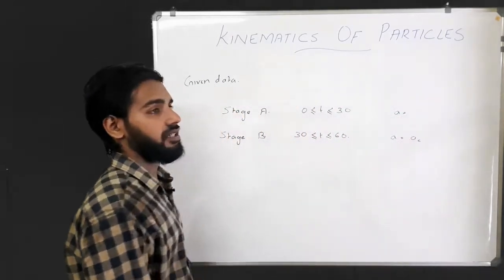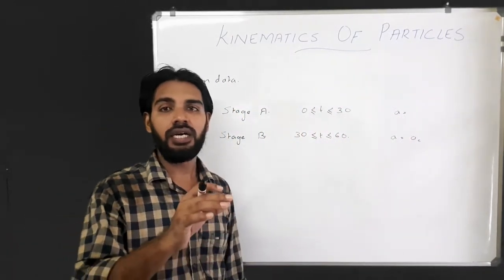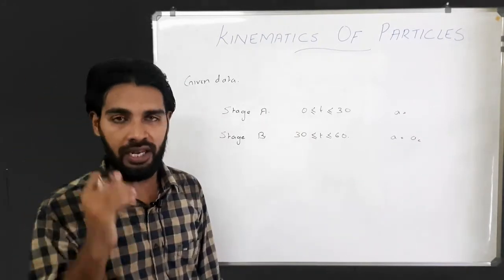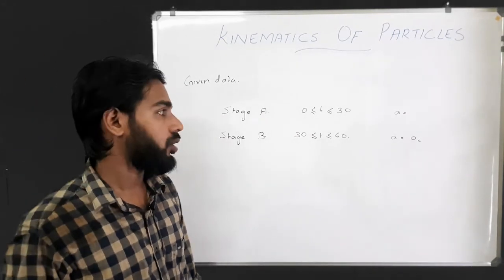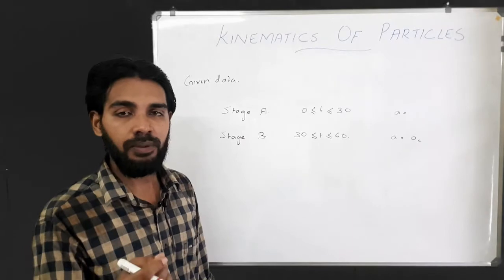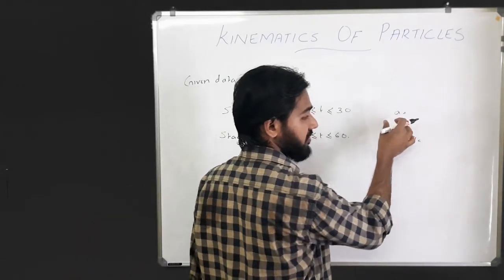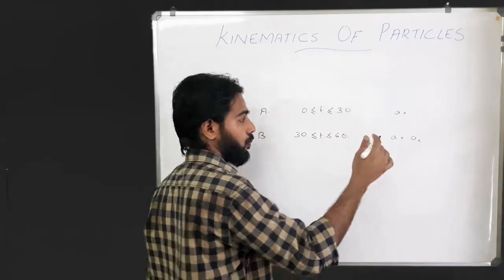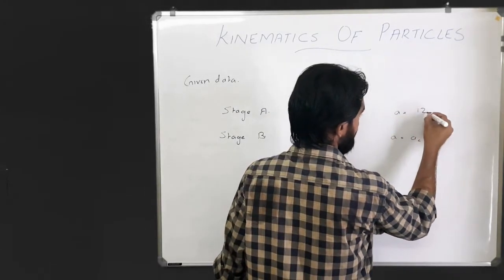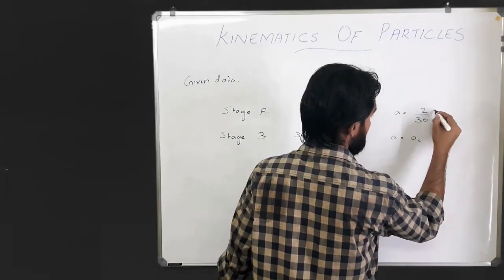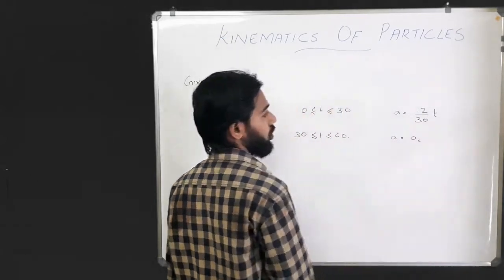Now, in the first stage, how do you obtain the equation of that line? You know that y equals mx plus c. In this case, y is a, x is t, m is the slope. So you get 12 by 30 into t, and c is 0.